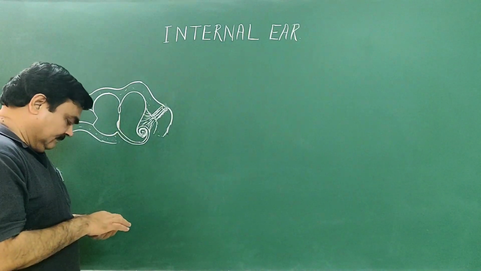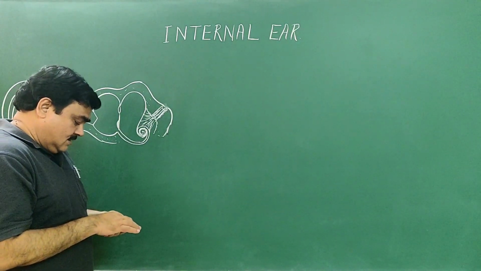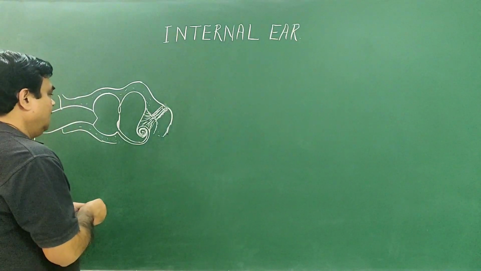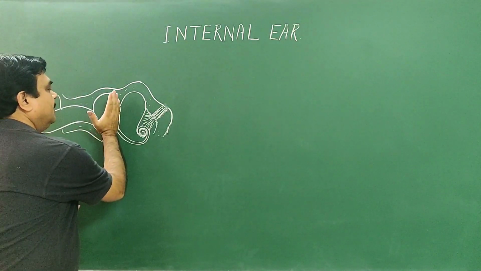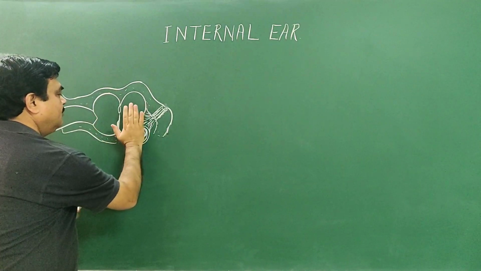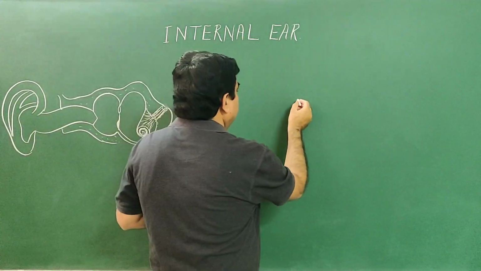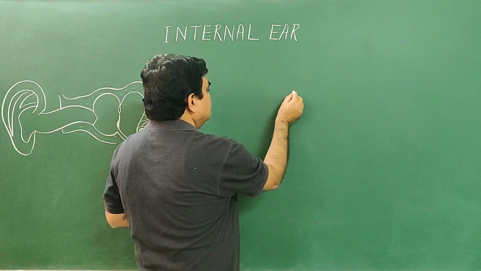Internal ear. If you make a diagram from cutting this point and remove this part, it will look like this.